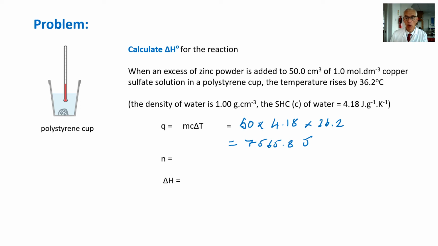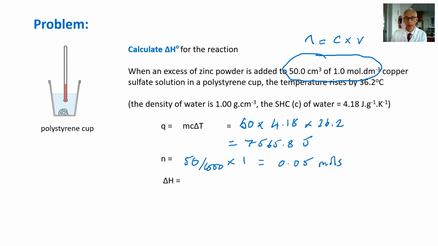The numbers of moles, well, that's going to be based on the moles of copper sulfate solution. So the numbers of moles is going to be the concentration times the volume. So the numbers of moles is 50 over 1000 times 1, that's 0.05 moles.